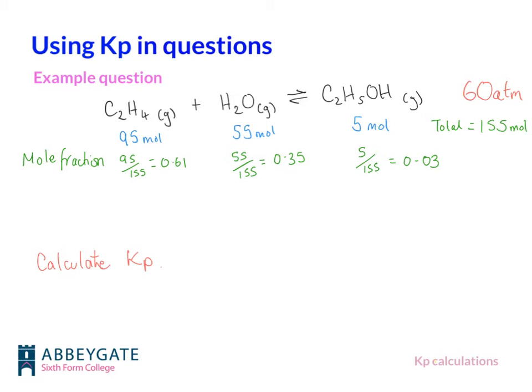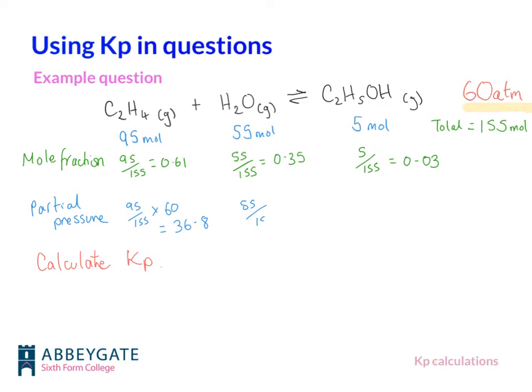So then if we know the mole fraction, we can then work out the partial pressure for each of the reactants or products. So for the ethene, we do our mole fraction, so 95 over 155 times the total pressure, which was 60 atmospheres, is going to be 36.8.